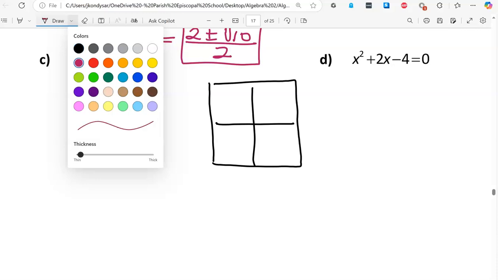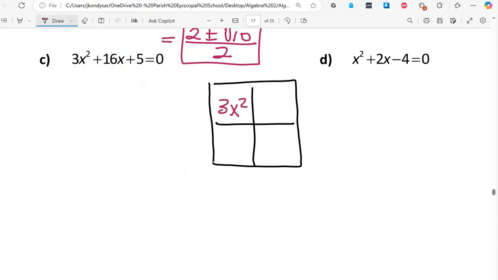So our first term is 3x squared. Last term is 5. I'm going to split that middle term into not two equal pieces rather, but the factors of 15 that add to 16. So that would be 15x and 1x. You can write that 1 there if you like.